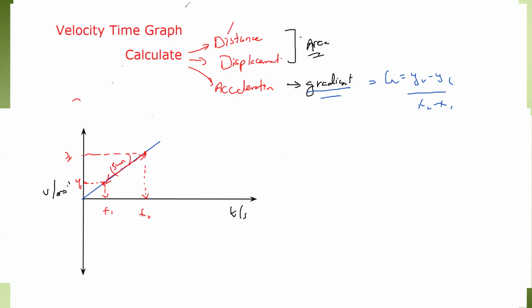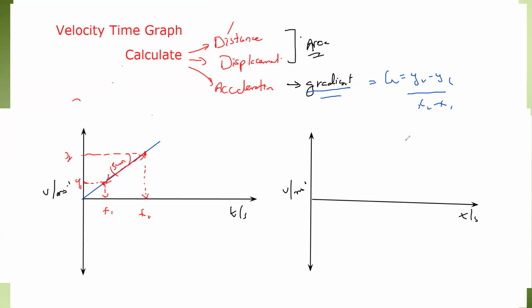But what if we have a non-linear graph? A non-linear graph in which the acceleration is not constant. We have to draw a tangent at a specific point where we want to determine the acceleration.